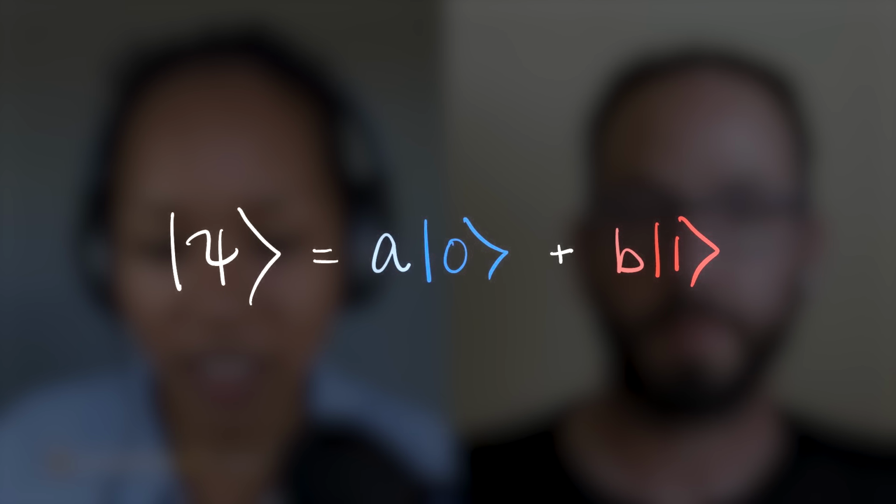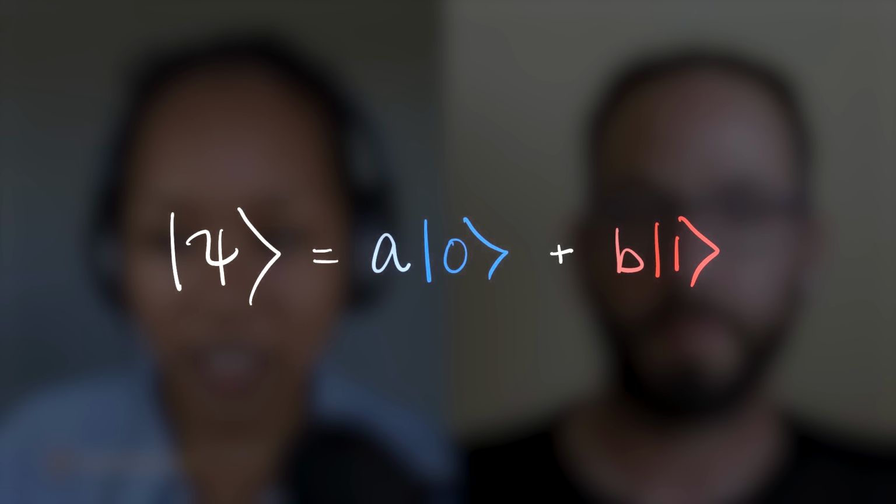One thing I want to say that's kind of a tangent, not really important: sometimes physicists like to give a nickname to this expression, and it's called psi, the Greek letter psi with this funny angled bracket.